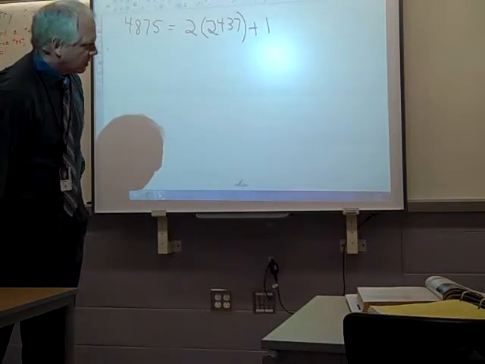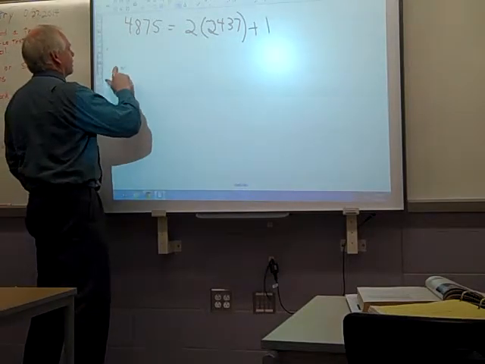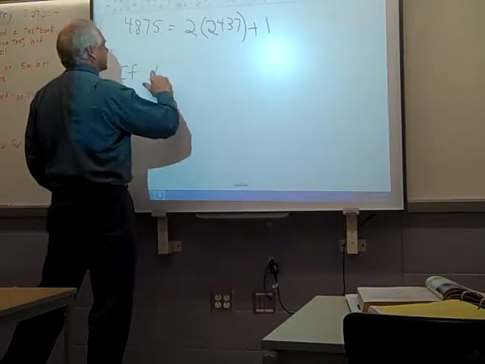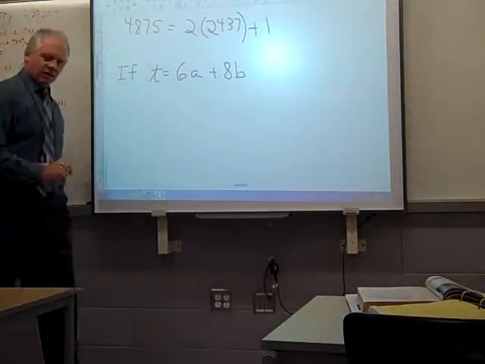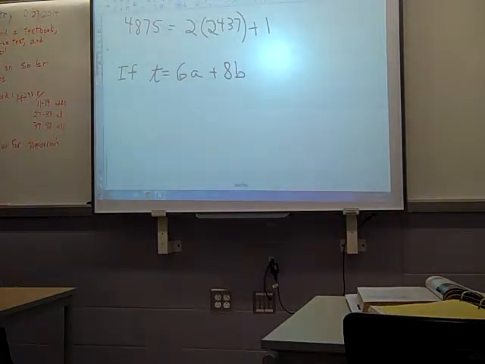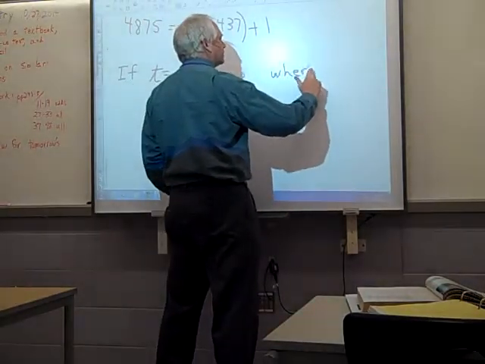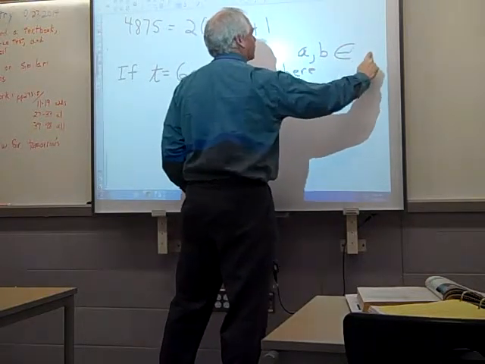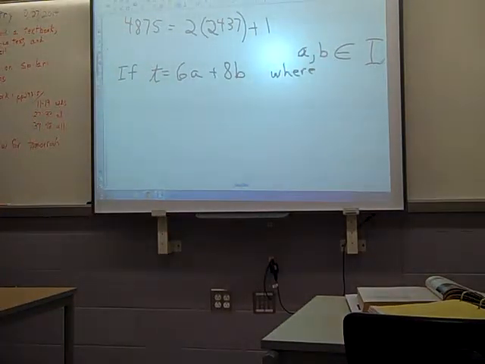Let's see. I'm at 12 minutes. Let's do this one. If t equals 6 times a plus 8 times b, where a and b belong to the set of integers. You ever see that symbol, is that new? Kind of like a C that almost looks like an E with the line in it.